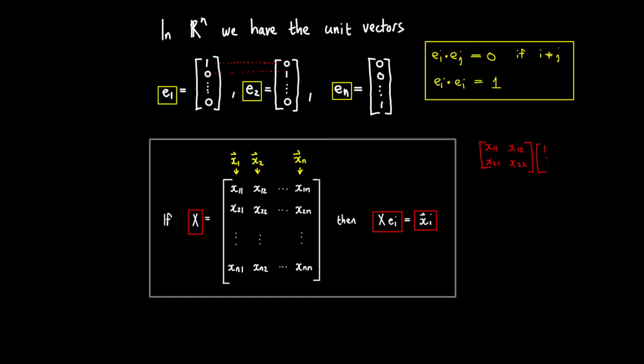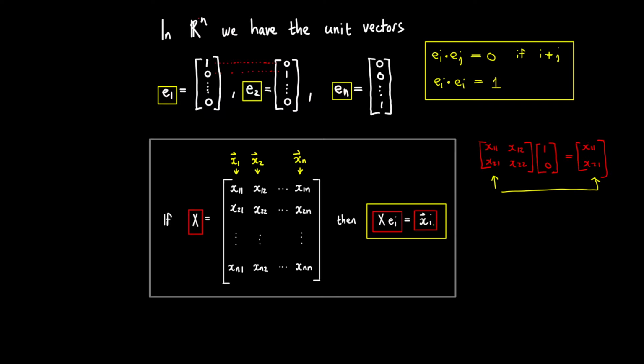Let's multiply by the unit vector E1 in R2 and see what we get. We're just going to get x11 plus 0 times x12, so we just leave x11 there. And in the second component, we have x21 times 1 plus x22 times 0, so we just get x21. The point here is that this column is exactly this vector, and so the general statement is what's given here. So multiplying a matrix by Ei will give us the ith column.